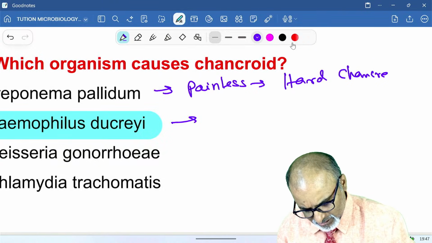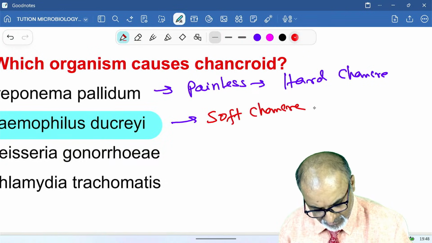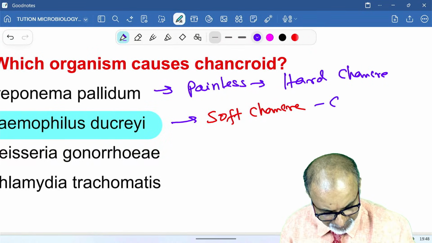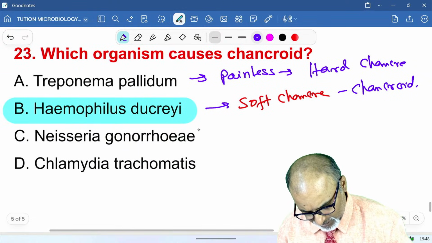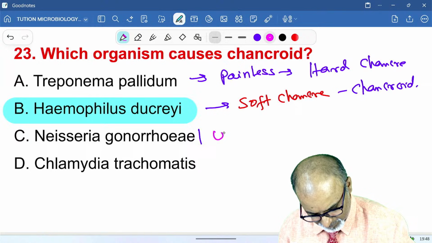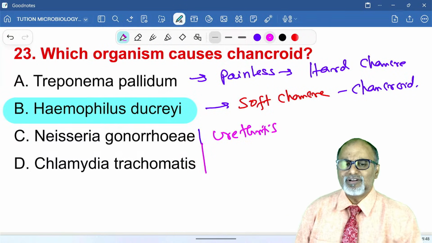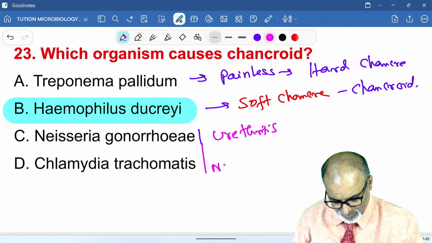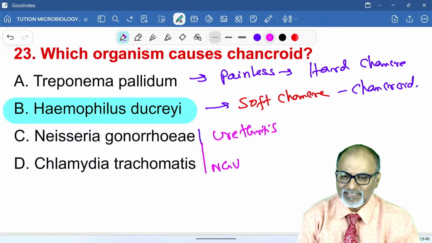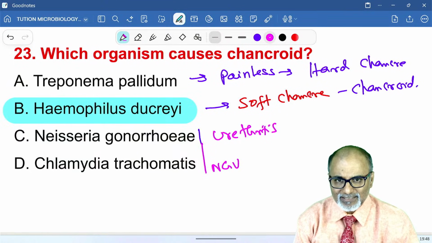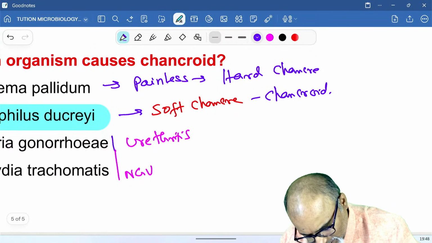Haemophilus ducreyi produces soft chancre, another name chancroid. Neisseria gonorrhoeae mainly produces urethritis. Chlamydia trachomatis produces non-gonococcal urethritis. So chancroid is a condition caused by Haemophilus ducreyi. Treatment azithromycin.